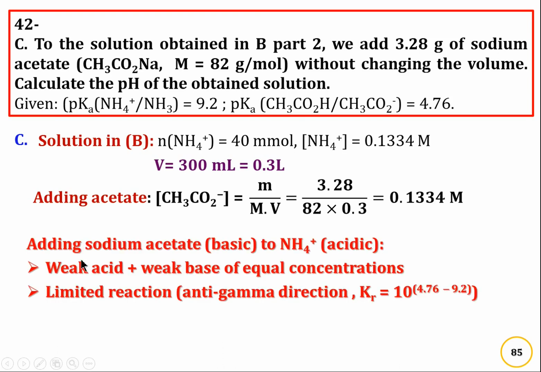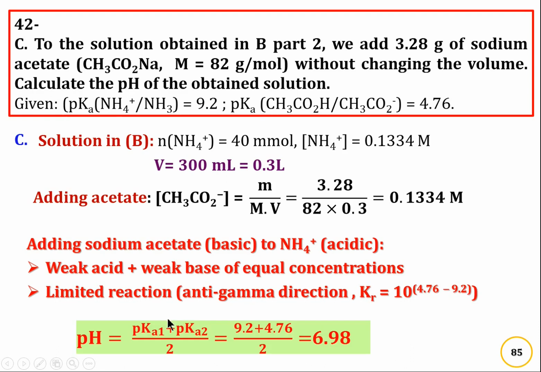So we are adding sodium acetate, a base, to NH4+, which is an acid, of equal concentrations. We put the increasing scale of pKa, and we will find that the reaction is in the anti-gamma direction, so the reaction is limited.